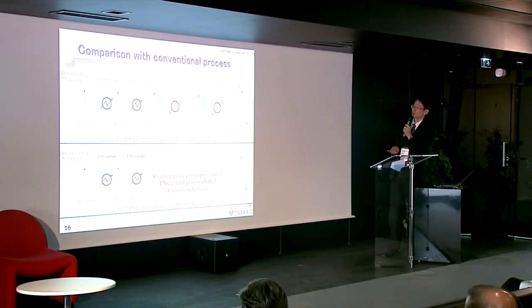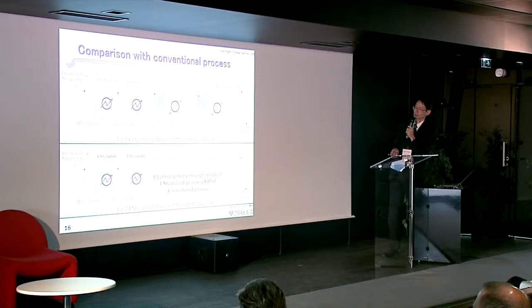This is a comparison with the conventional process. This shows the nitrogen liquefaction process of the air separation unit. Nitrogen is compressed and chilled, compressed, chilled, repeated many times, and finally nitrogen is liquefied. We have to compress many times.